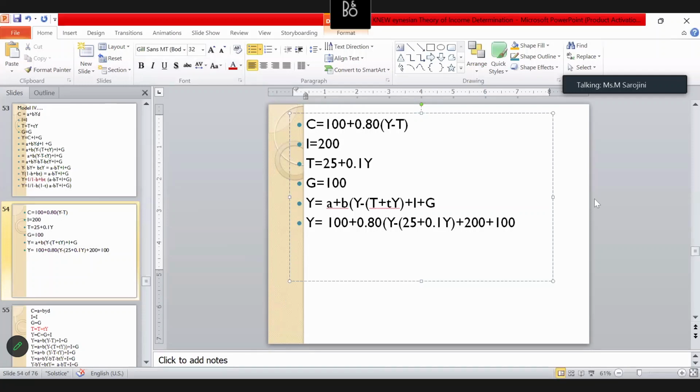The information is substituted in this equation. Now we can show the equation: 100 plus 200 plus 100, that is 500, one of the easy ways, plus 0.80 into Y minus 25, minus 0.1Y.